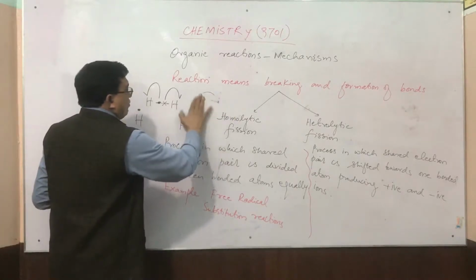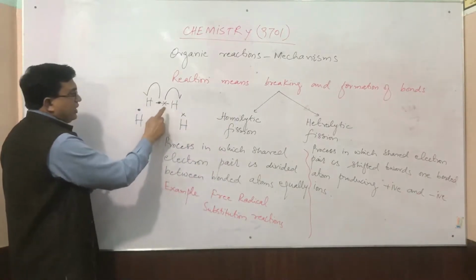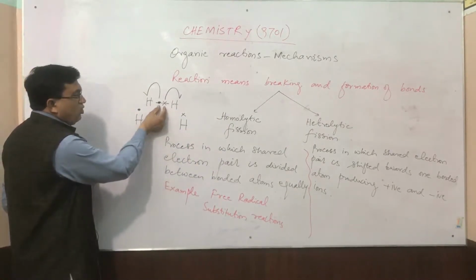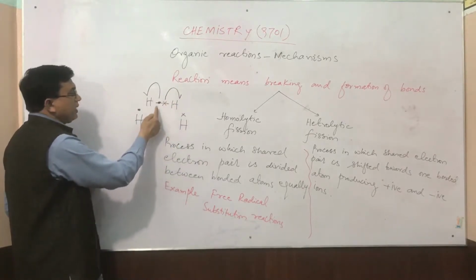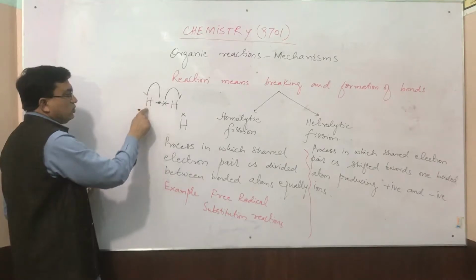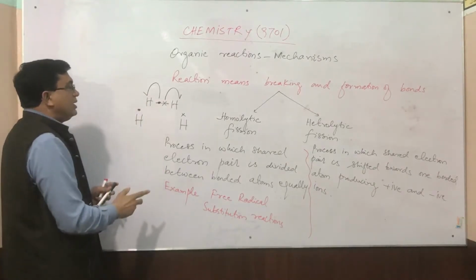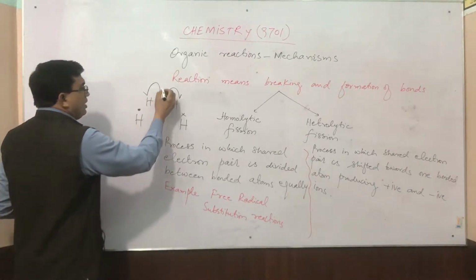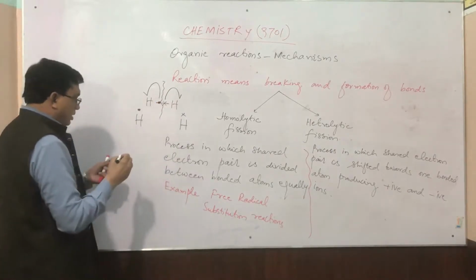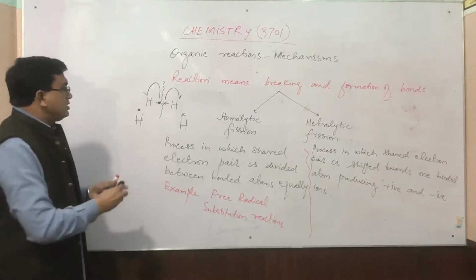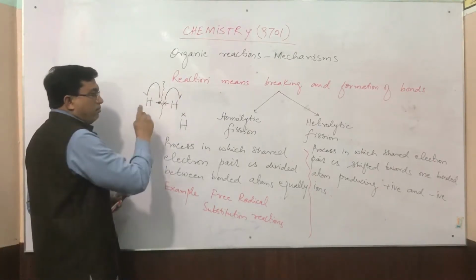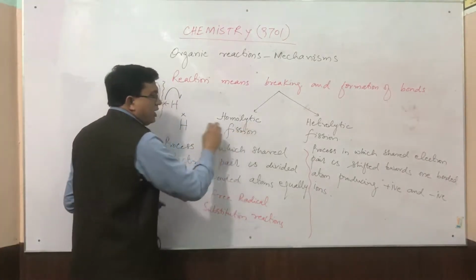Here, from the pair of electrons, one electron shifts to this hydrogen and one electron shifts to the other hydrogen. That's why the bond breaks at this point, producing two free radicals. Such bond breaking is called homolytic fission.